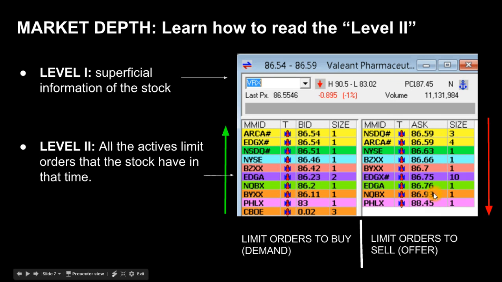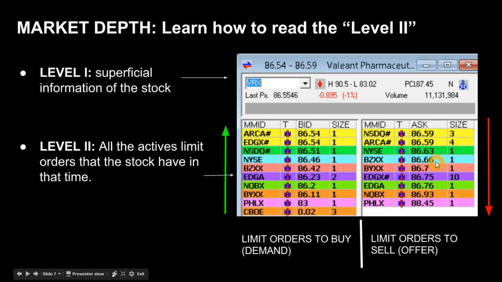Each color is a different price, and the arrow is telling you that the inside ask is the lowest price that people want to offer. These two prices are really important in tape reading.